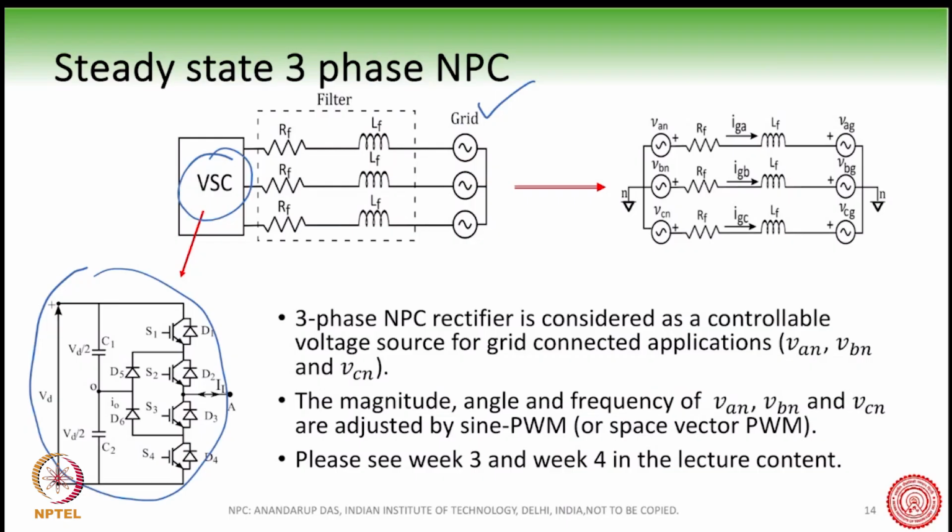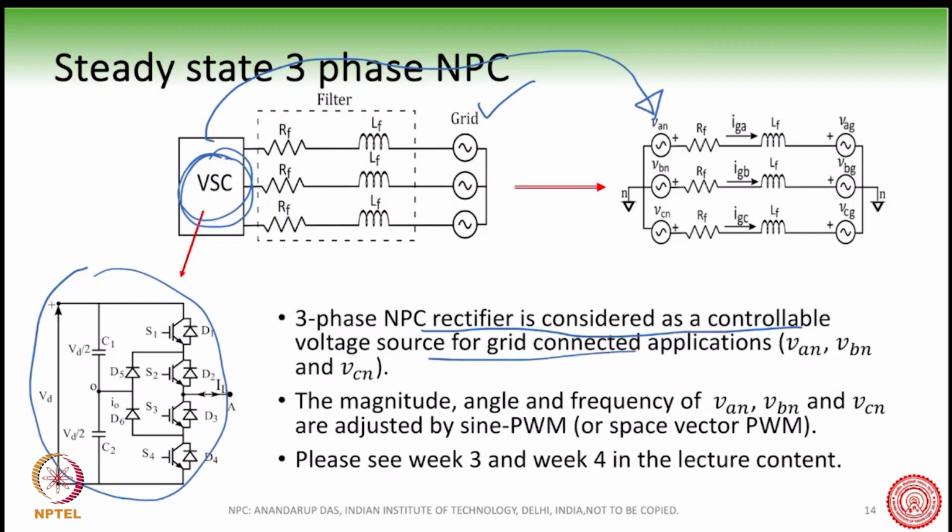And therefore, as we have seen in the previous slides, this entire VSC, just like a two-level converter, can again be represented by a controllable AC voltage source, right? So this means that the power analysis and steady state current and voltage that will be flowing through this can all be exactly analyzed. Okay, because then the three-level NPC is considered as a controllable voltage source.